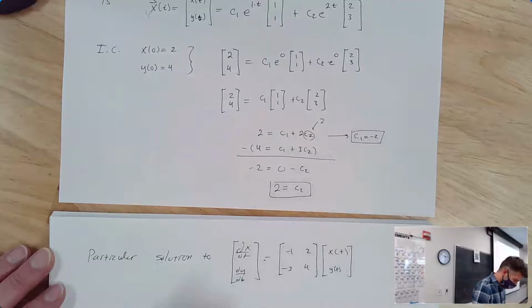So it's going to be -2 e to the t times 1, 1 plus 2 e to the 2t times 2, 3.